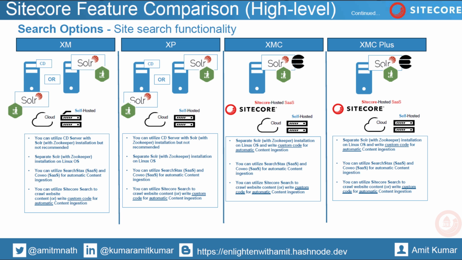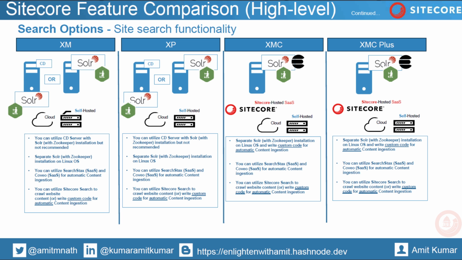Because you cannot deploy any custom code, or it's not suggested to deploy any custom search-related code in the Sitecore CM. Because the content delivery is happening via Experience Edge, all your computed index fields and those things will not be available there. So it's better to avoid that and go with Search Stax or any other service, Sitecore Search or any other search provider.